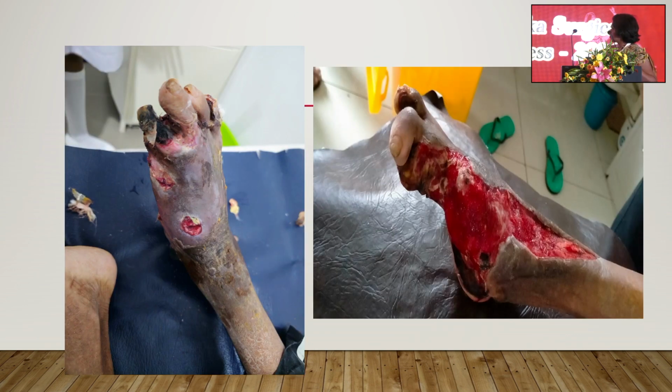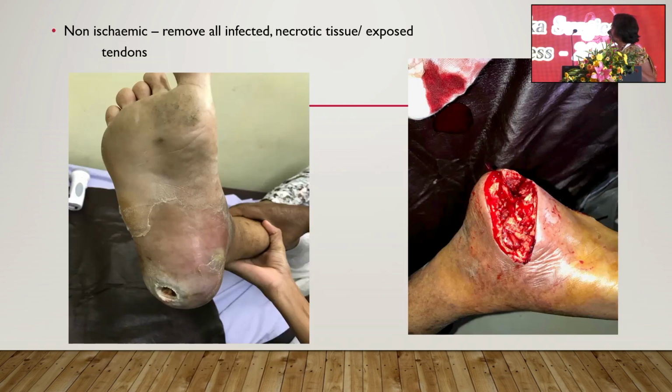Again, here we see just multiple openings, but if you actually remove it, you can see how much infection and inflammation has been within. So if it is non-ischemic, as I told before, we remove all infected necrotic tissue and exposed tendons.